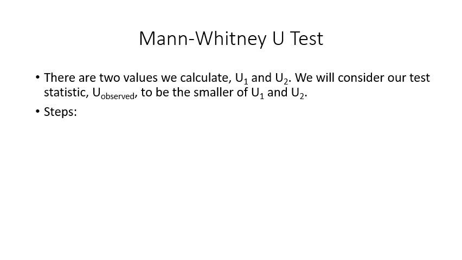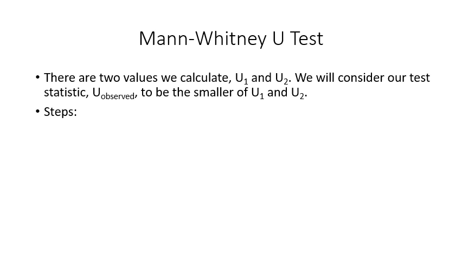So the Mann-Whitney U test is an interesting test, and it's actually a relatively simple test. When we get to this and the Wilcoxon T, the sign rank test, there's a few things going on here that make it a little bit more complex, but these two tests are actually pretty easy.